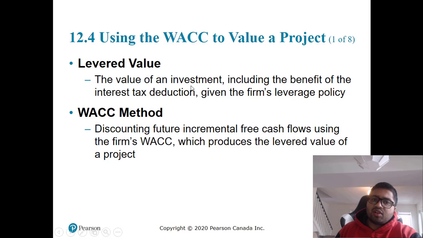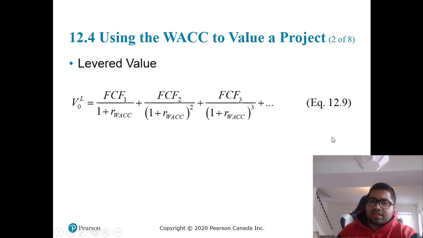Leverage value is the value of an investment including the benefits of interest tax deduction given the firm's leverage policy. WACC method: discounting future incremental cash flows using the firm's WACC, which produces the leverage value of the project. So leverage value is nothing but the net present value of a firm, which is whatever free cash flows it is going to generate in future, discounted by weighted average cost of capital.